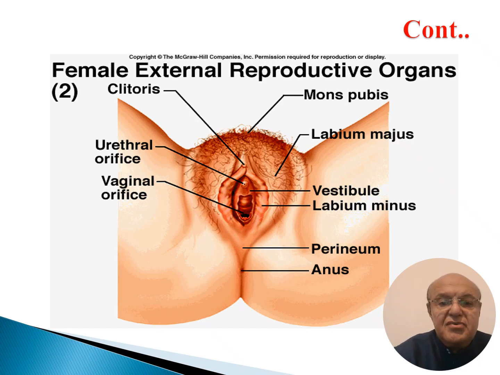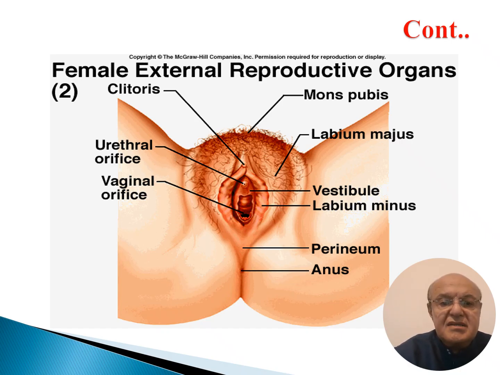The perineum is the area between the vagina and the anus, with the perineal body here. The vaginal orifice has the hymen, and there is the urethra.